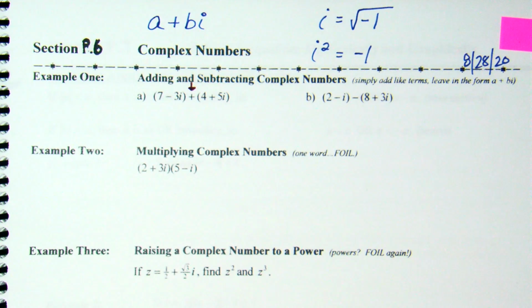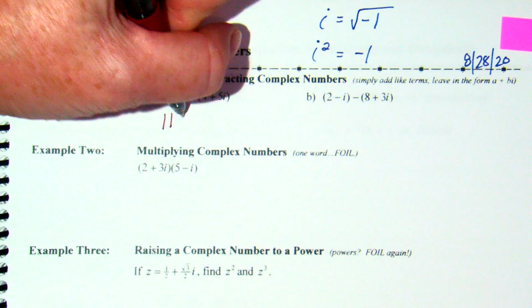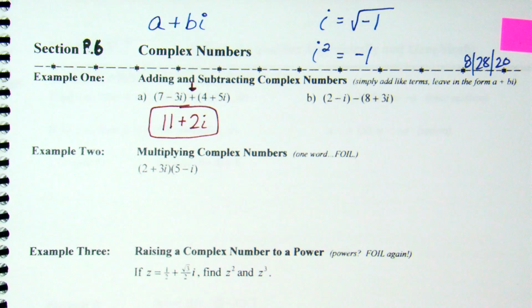Okay, B, 2 minus i minus 8 plus 3i. Thoughts on what 2 minus i minus 8 plus 3i cleans up to be? Jace? -6 minus 4i. Put like pieces together, remember subtract.